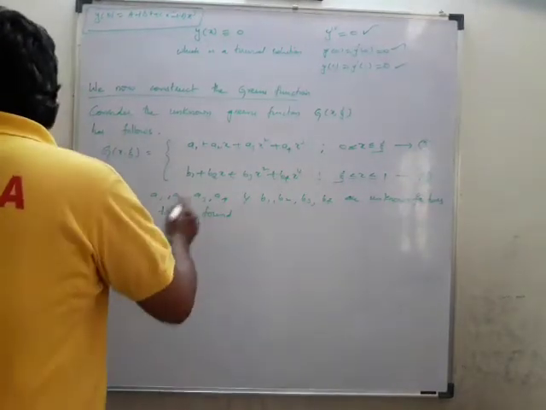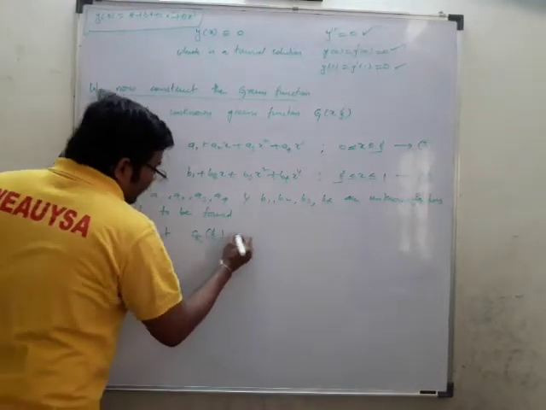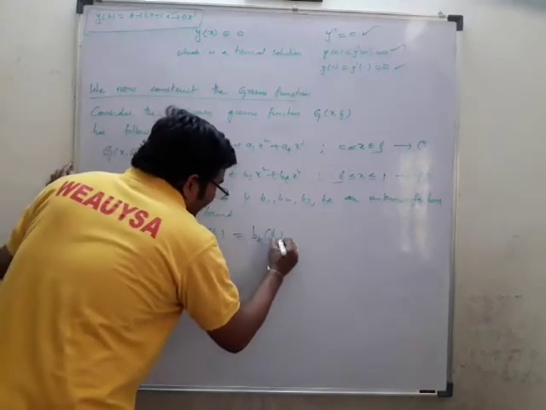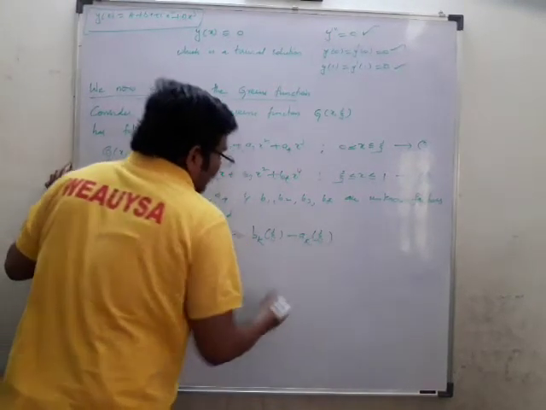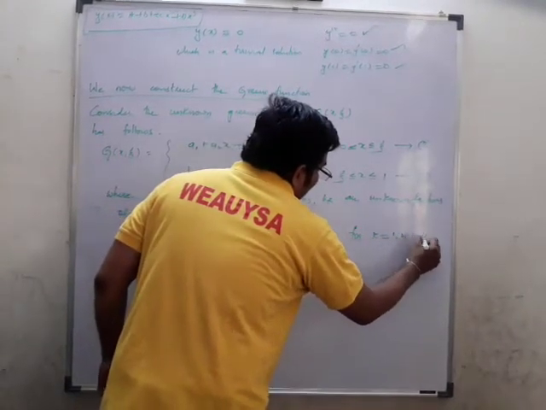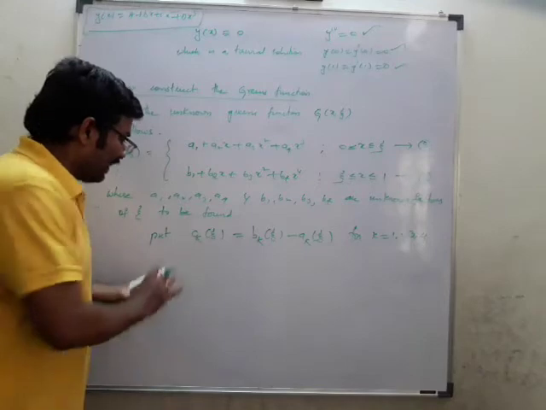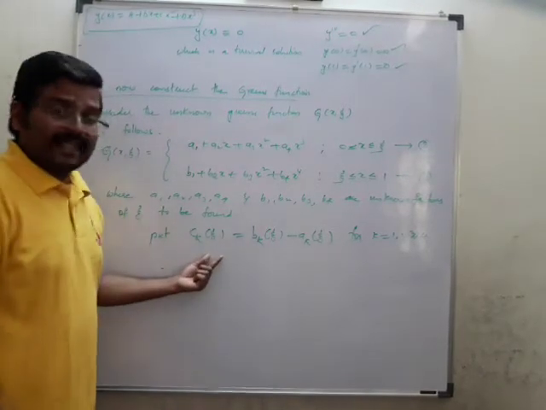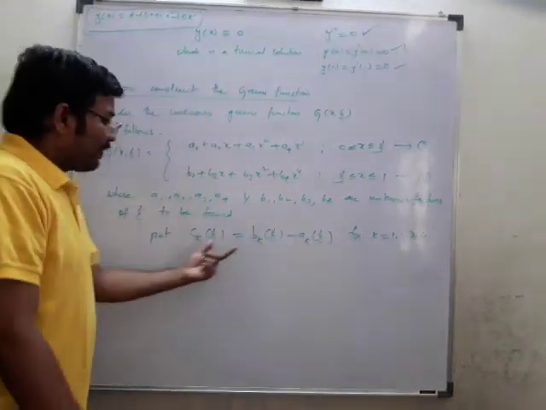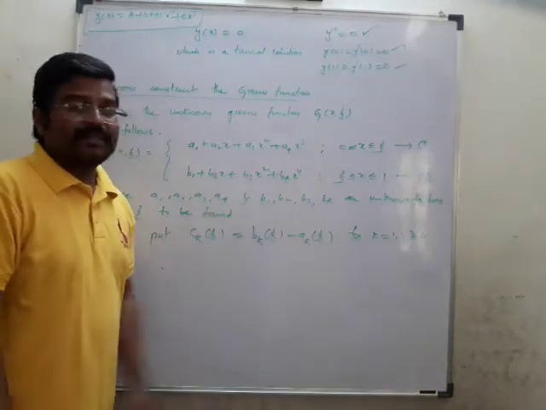For that, we'll put ck of xi equal to bk of xi minus ak of xi, for k equal to 1, 2, 3 and 4. For every problem you must consider that ck of xi equals bk of xi minus ak of xi for k equal to 1, 2, 3 and 4. From this equation we are going to find all the values of a1, a2, a3, a4 and b1, b2, b3 and b4.